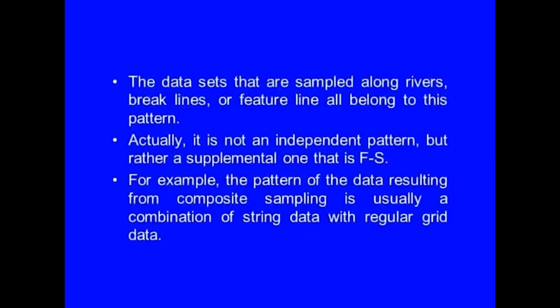The data sets that are sampled along rivers, break lines or feature lines all belong to this pattern. Actually, it is not an independent pattern, but rather a supplemental one that is feature specific. For example, the pattern of the data resulting from composite sampling is usually a combination of string data with regular grid data.